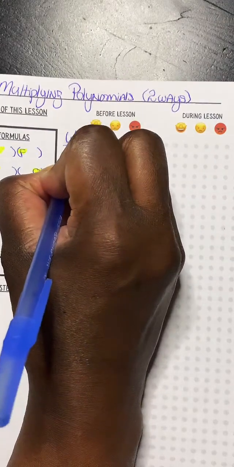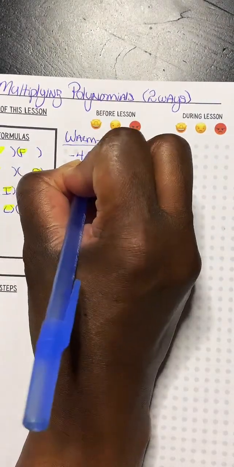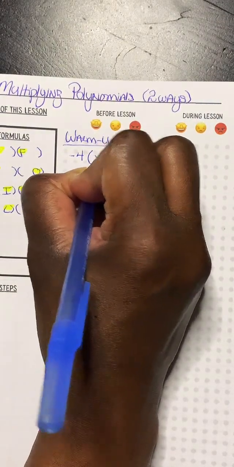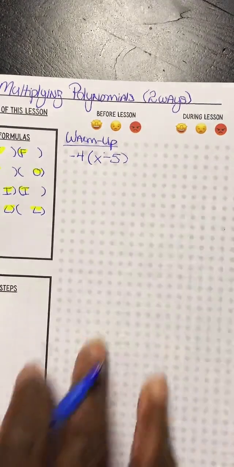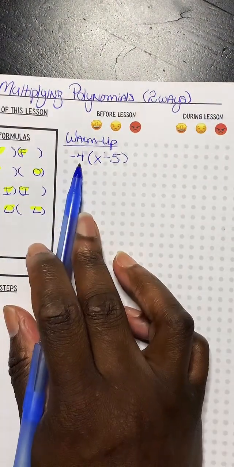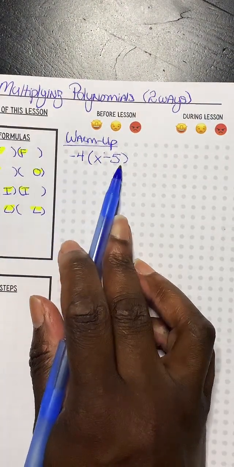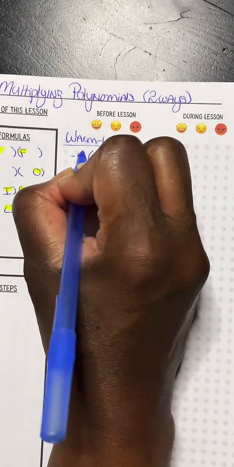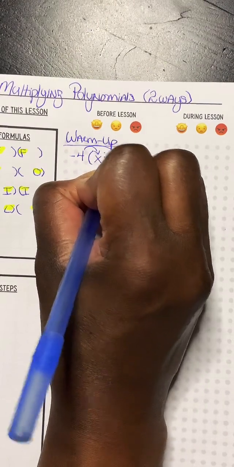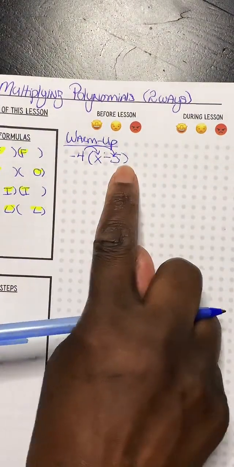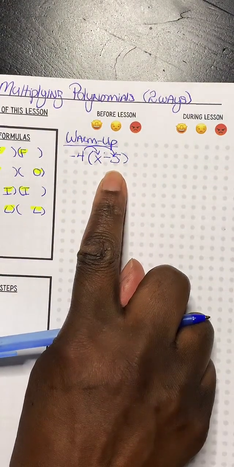So let's say I had -4 and we're multiplying it by x minus 5. We know when we have a monomial being multiplied by a binomial, we do what's called the distributive property. When we distribute, we multiply everything inside of that parenthesis.